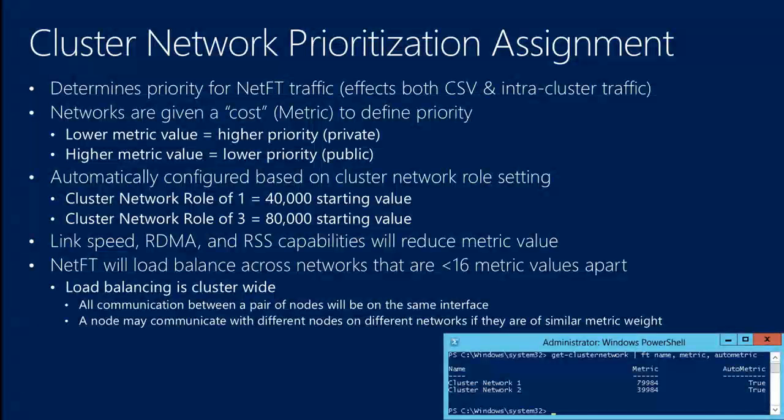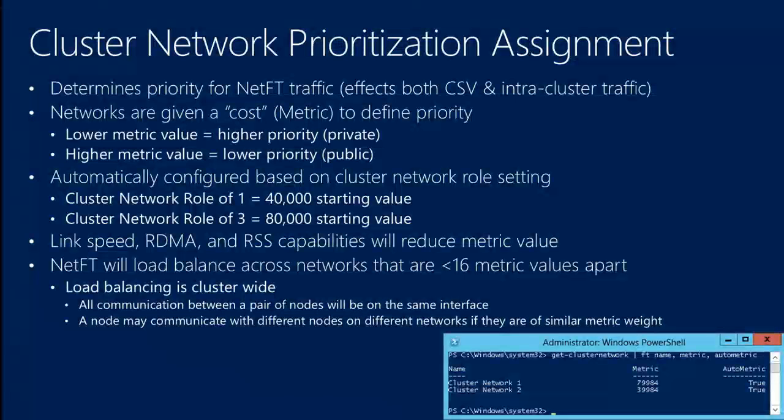Another thing is that if there are multiple networks which are of about equal cost, so less than 16 metric values apart, say one that was 39,984 and 39,985, clustering would say these networks are effectively equal cost. Let's use them both.